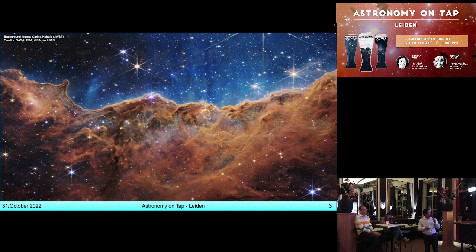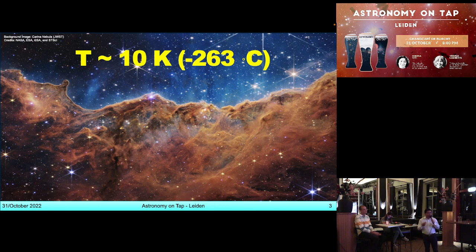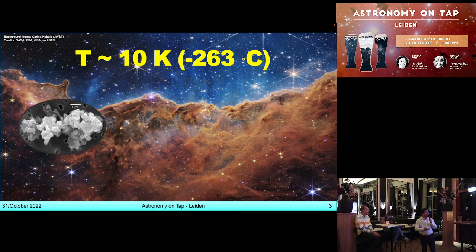We say it's a molecular cloud because, as the professor already said, we have a lot of molecular hydrogen, that's H2, but also dust. The conditions in these clouds, in the very deep parts, go down to minus 263 degrees Celsius. That's very cold, and this is enough to form the complex molecules that you want to form.